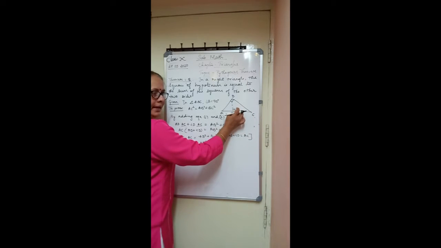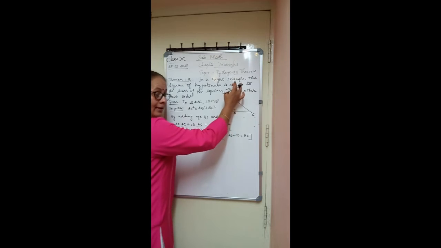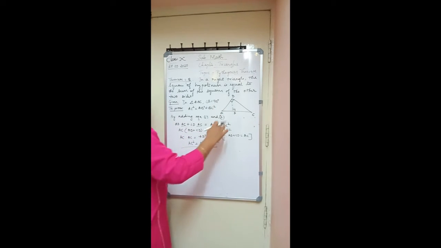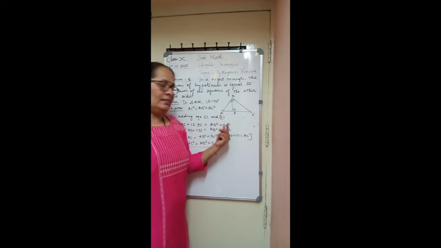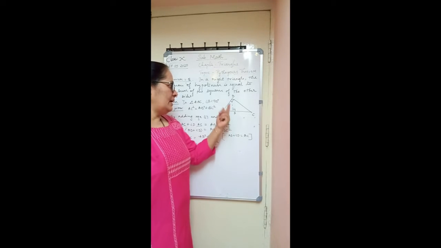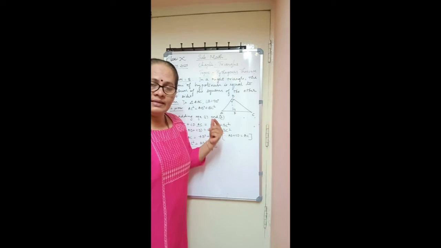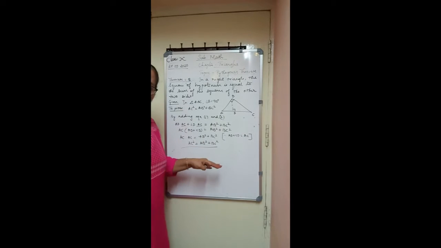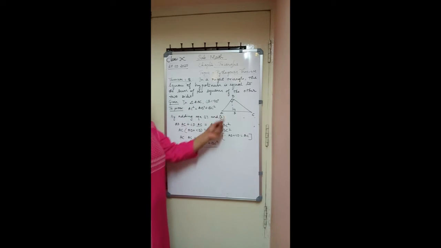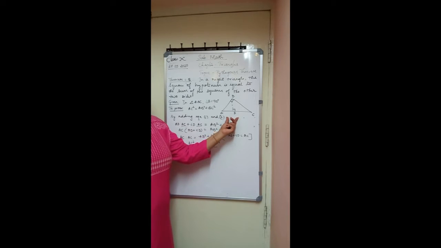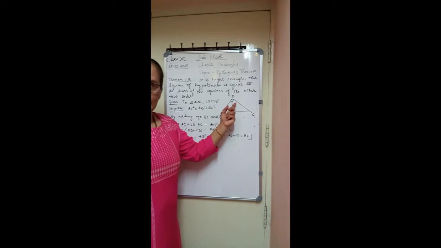These two right triangles are similar to the given triangle. So you show the similarity between the triangles ADB, BDC with triangle ABC, and find their ratios. Then add the two equations.